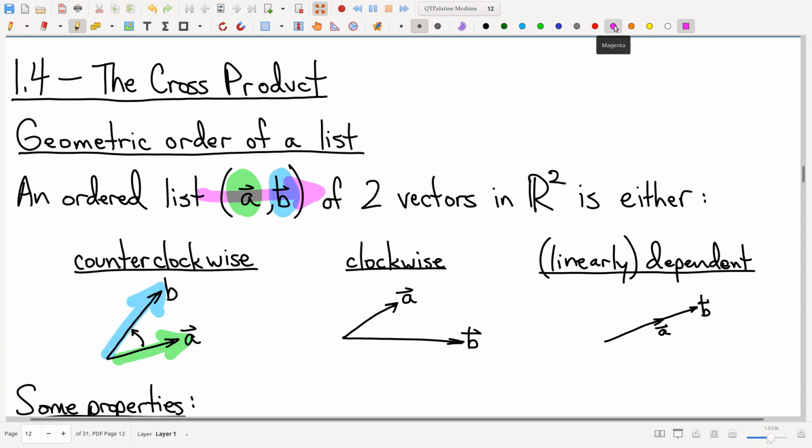Notice if you go through this list, A first, B second, and then you come over here and ask, well, if I go from the direction that A is pointing to the direction that B is pointing, notice I'm rotating counterclockwise. So, given this A and B, I'm going to call this a counterclockwise list because of that picture. Everybody okay?